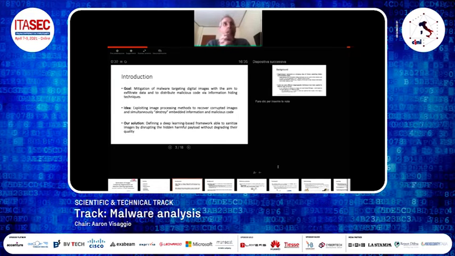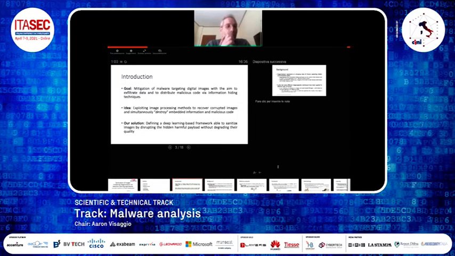Our goal basically is the mitigation of malware targeting digital images. These attacks try to exfiltrate sensitive data and to distribute malicious code via information hiding techniques.